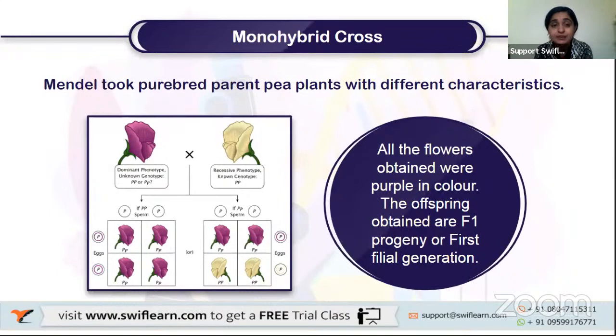Okay, so what did Mendel do over here? He took up the pure breed, that was the purple flower, and then he took up the other plant that was not the parent plant, right?